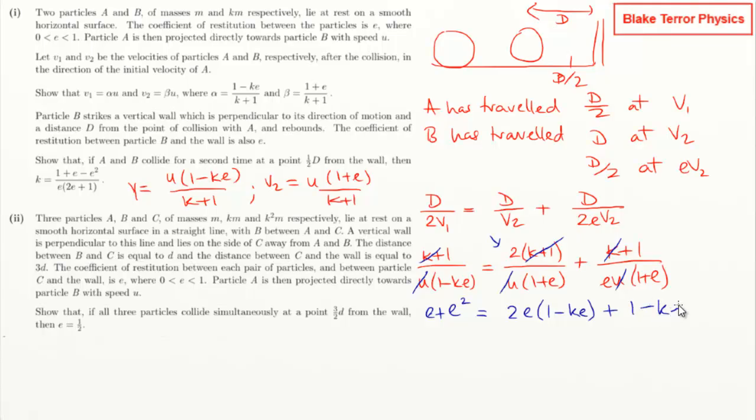So 1 minus k times e. Okay, so I've got e plus e squared is 2e minus 2ke² plus 1 minus ke.